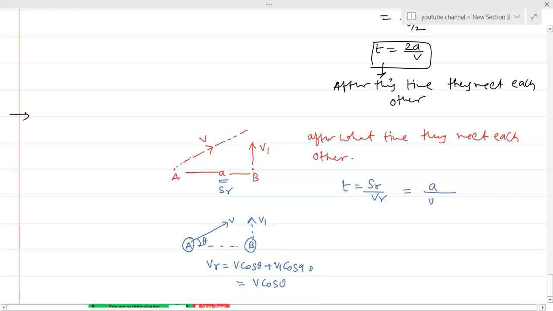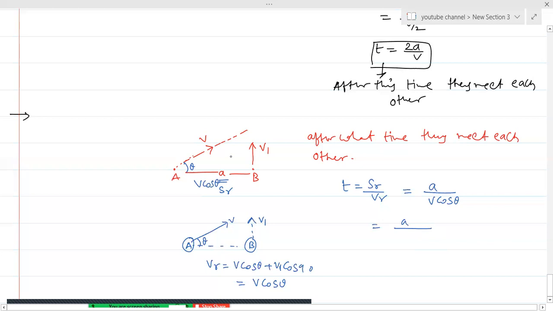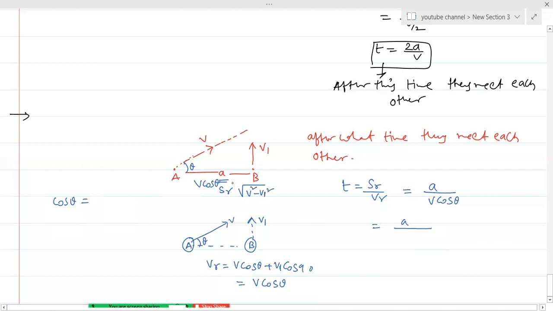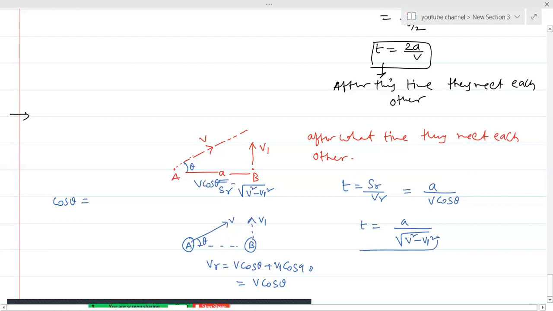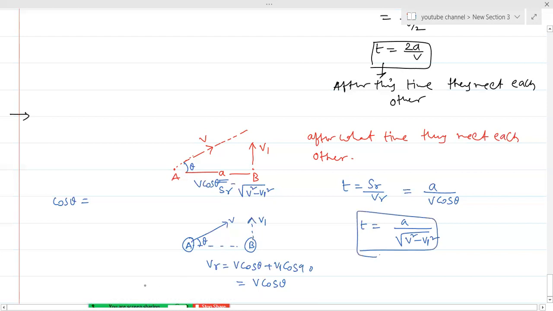So the time is a by v cos theta. We take cos theta as the adjacent side by hypotenuse. The adjacent side is root over v square minus v1 square, so v cos theta is root over v square minus v1 square. Therefore the time is a by root of v square minus v1 square. In this way we will understand the situation.